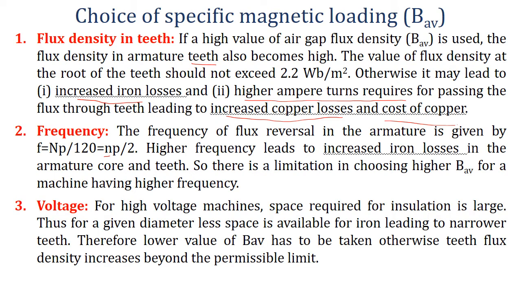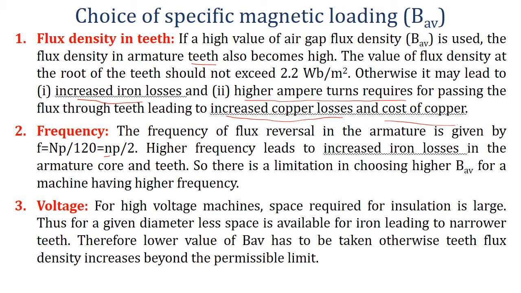The third point is voltage rating of the machine. If the voltage rating of the machine is high, then the space required for insulation will be more. So for a given diameter, less space is available for iron, leading to narrower teeth.